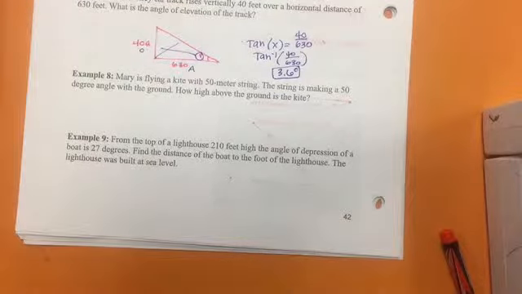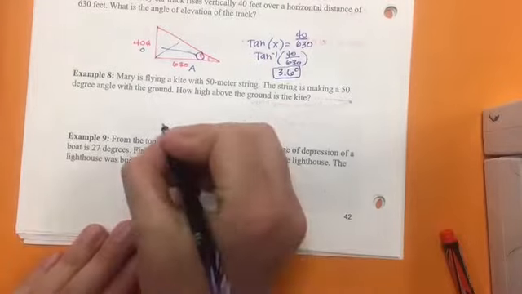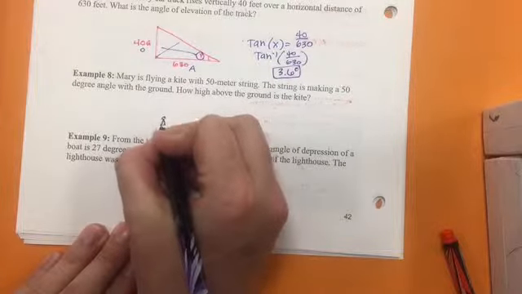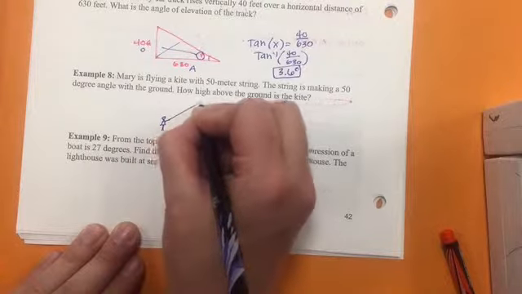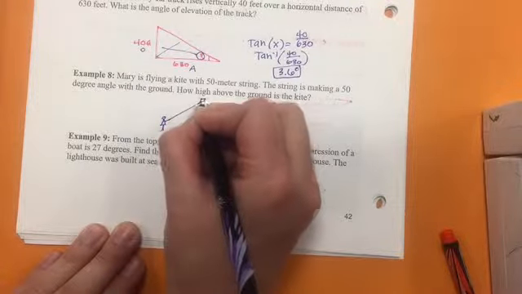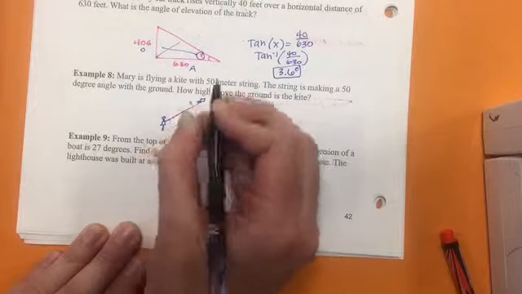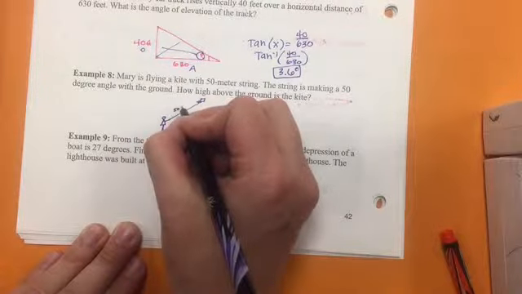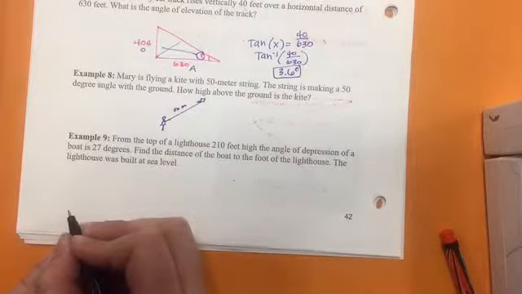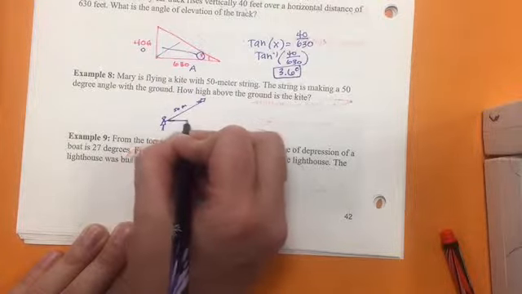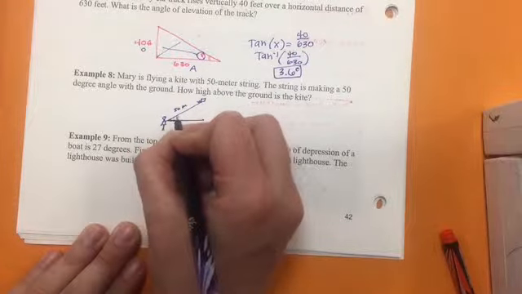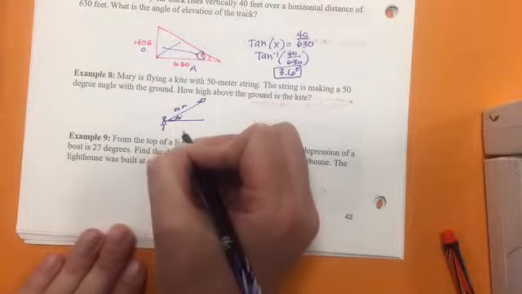Example 8. Mary is flying a kite with a 50-meter string. Okay, here's Mary flying a kite, which are my favorite shapes. It is 50 meters. The string is making a 50-degree angle with the ground. So let's pretend that's the ground, 50-degree angle.